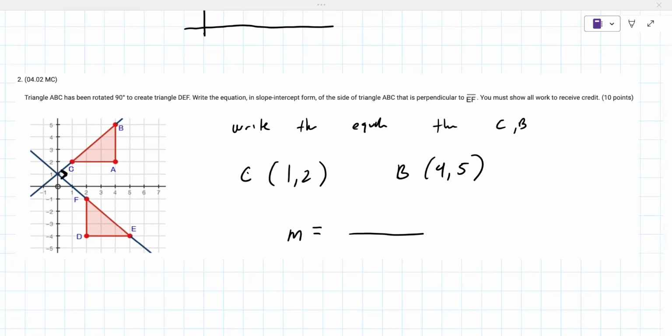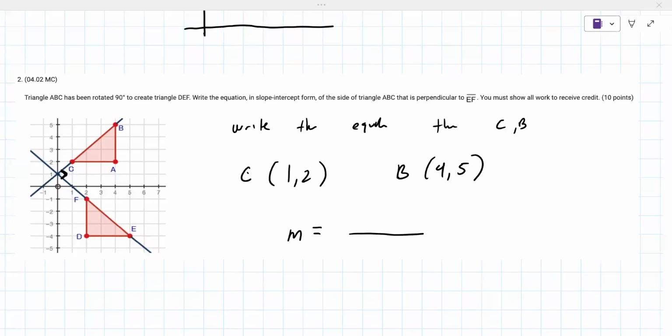Actually, sorry, I miswrote it. 4 minus 1. Okay, so C is 1, 2. B is 4, 5.